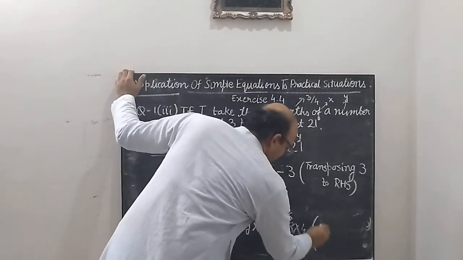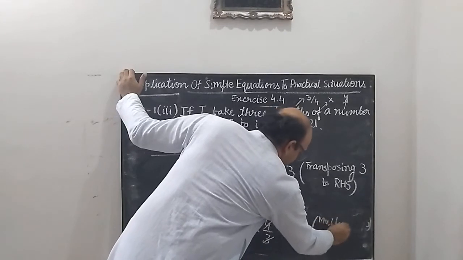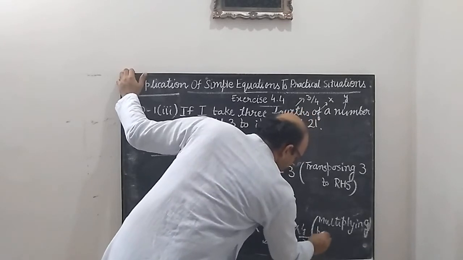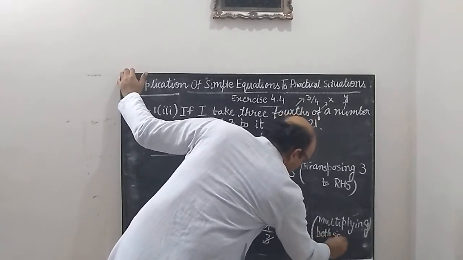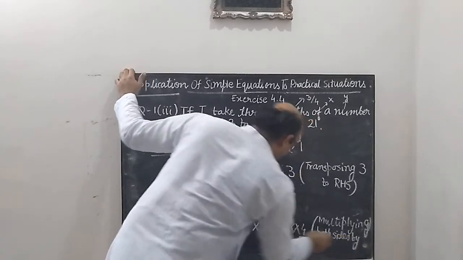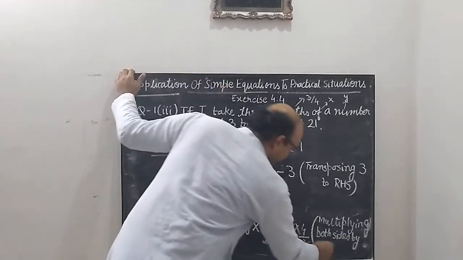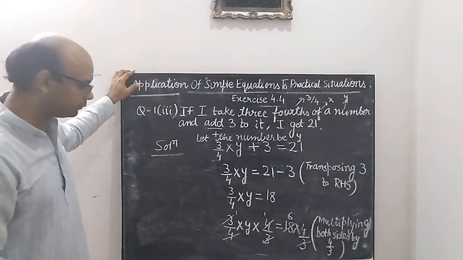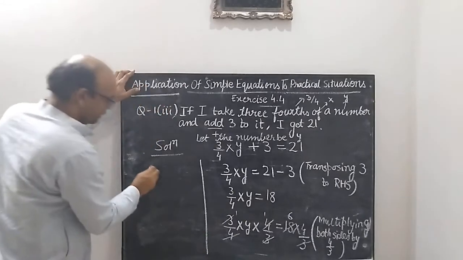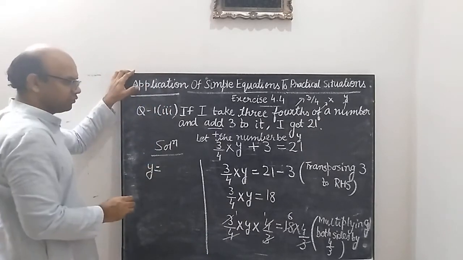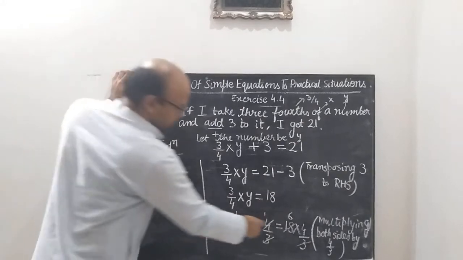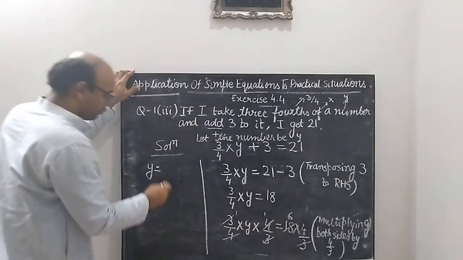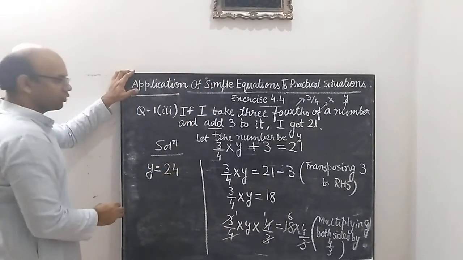You just have to mention, multiplying both sides by 4 by 3. So what we get is y is equal to 6 and 4 being multiplied. 6 cross 4 is 24. So y is equal to 24.